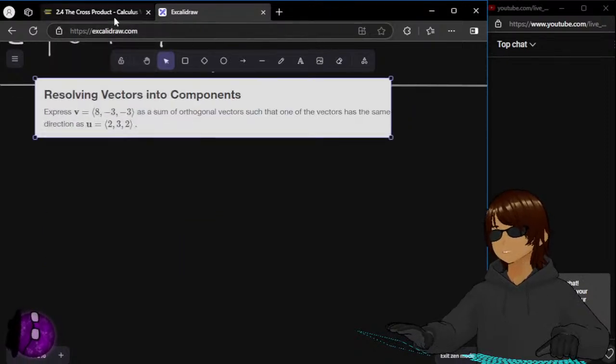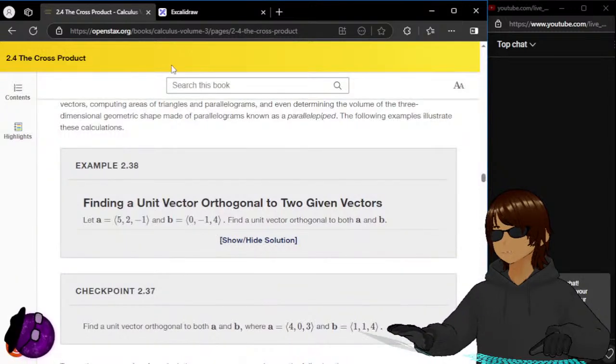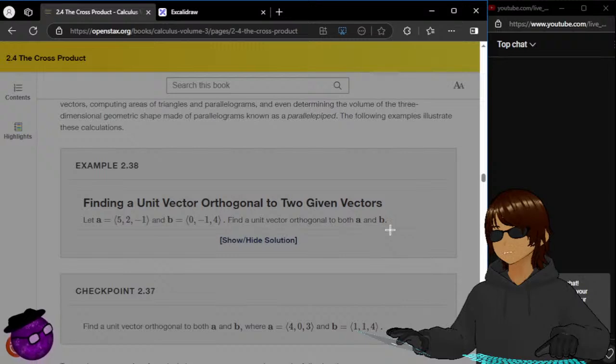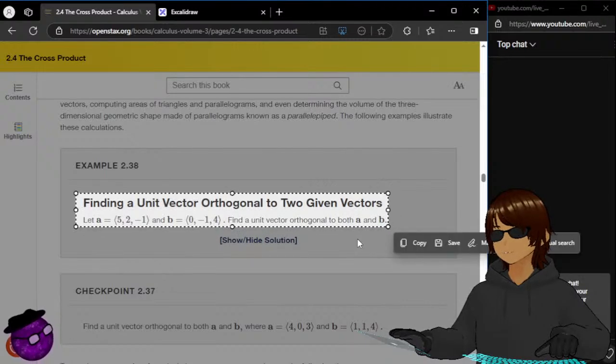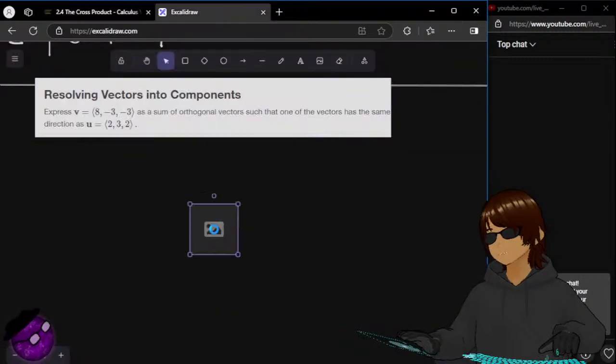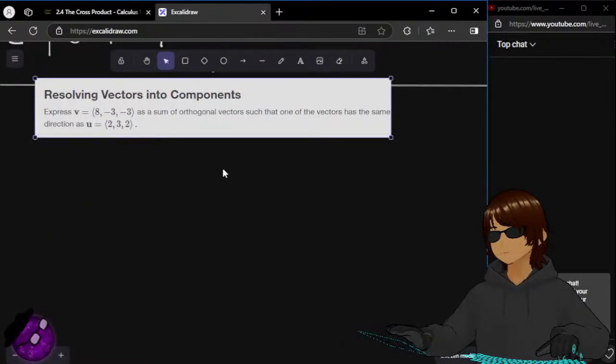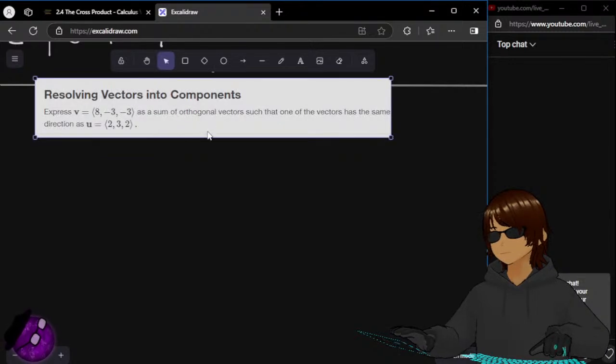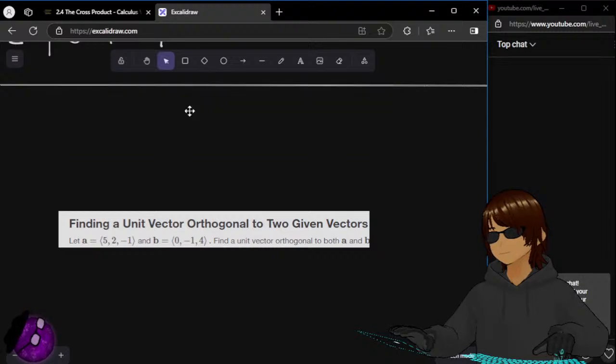Again, it's the wrong picture. Why does it do this? I think I should wait a while. Copy, right? And then I should paste. Yeah.